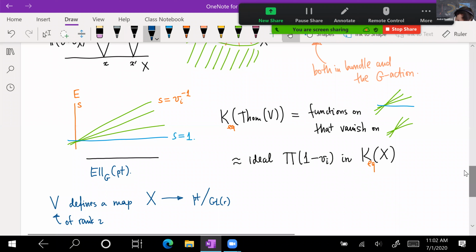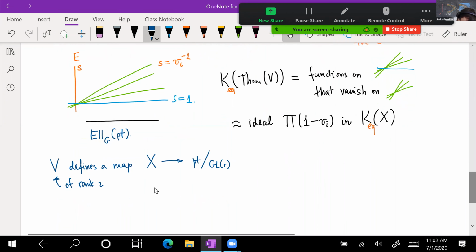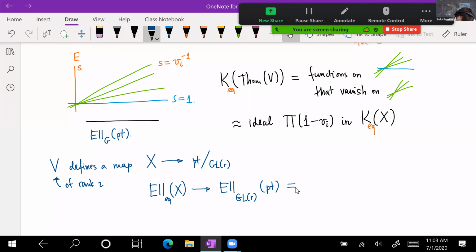And so therefore there is a map from the elliptic homology of X to the elliptic homology of the classifying space of GL_r, which we decided is the r-th symmetric power of E. This is where all these V_i live.